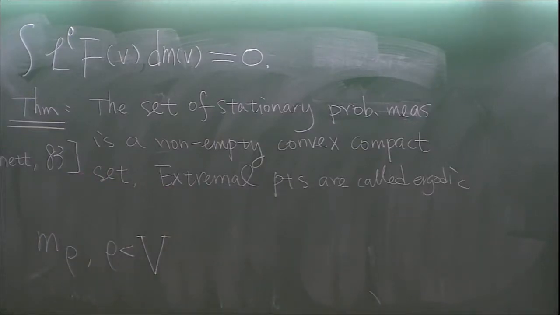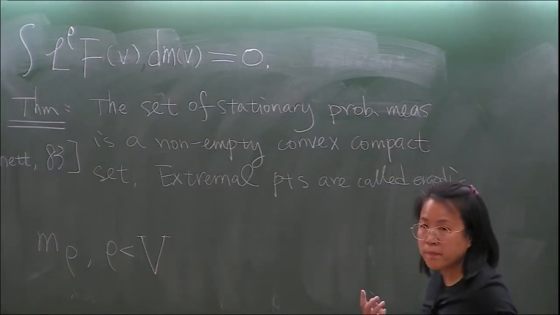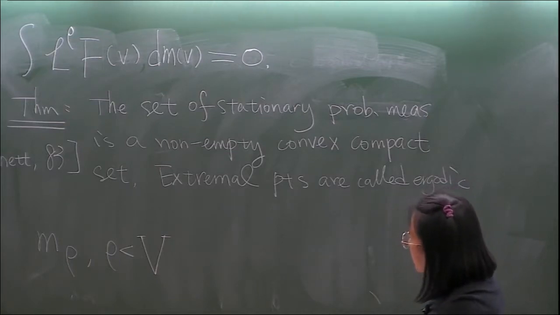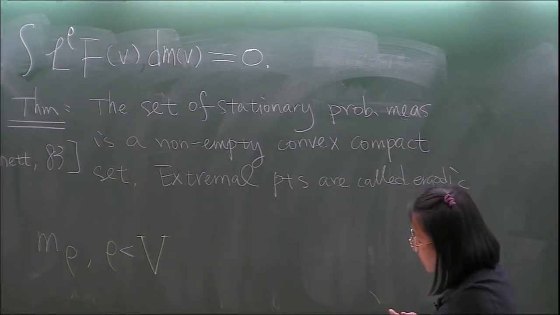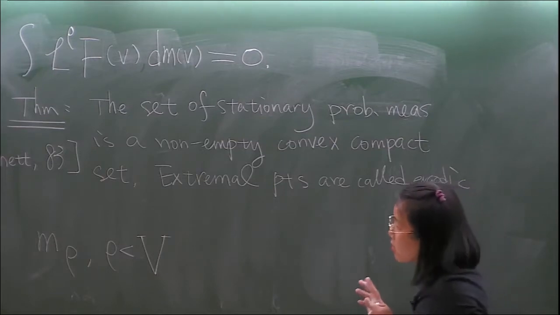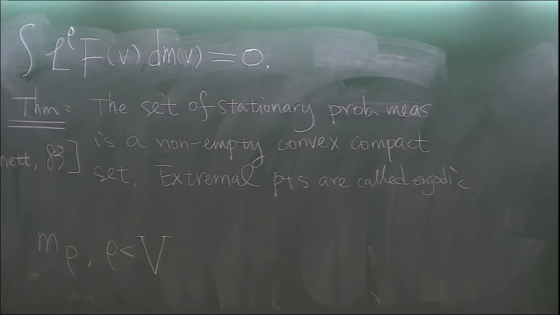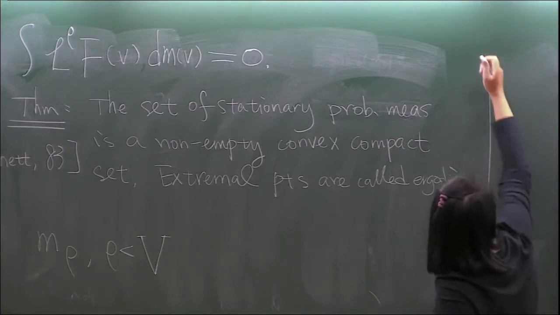Because for rho strictly less than V, this Laplacian S plus rho x bar harmonic measure is unique. In this case, it's unique. And why is it unique? There's a general theorem because in this case the operator is weakly coercive. But I won't mention these details to save some time. So first, we will have such measures.